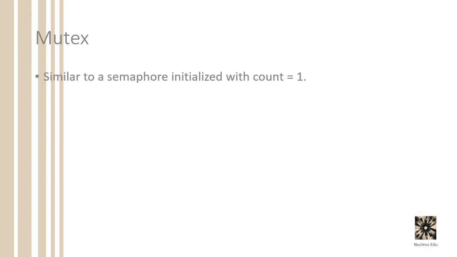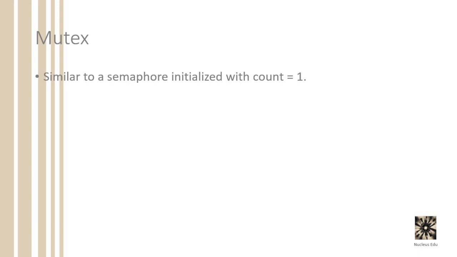Right, so one of the things that we read theoretically about mutex is that it's similar to a semaphore which is initialized to count equal to 1, meaning that the resource that it's protecting is 1 in number.